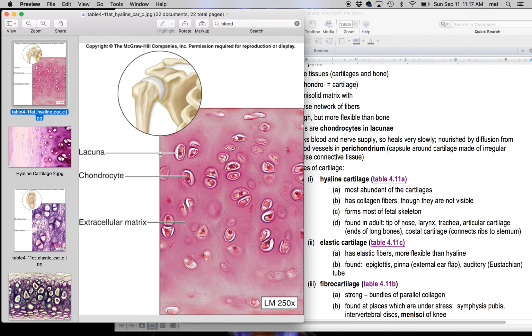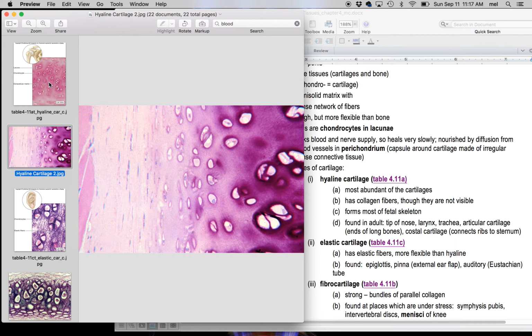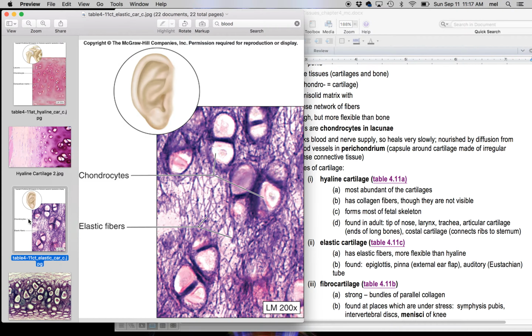That is the lacuna. That's actually the space in the semi-solid matrix where the cell sits. So we were looking at the fact that that is a cartilage. This is a cartilage. Now sometimes, by the way, you get an empty lacuna and you can't actually see a cell in it because the slice of tissue just didn't happen to catch a cell.